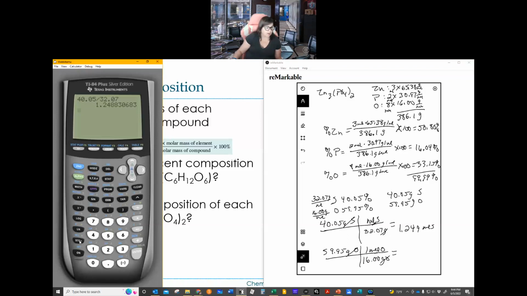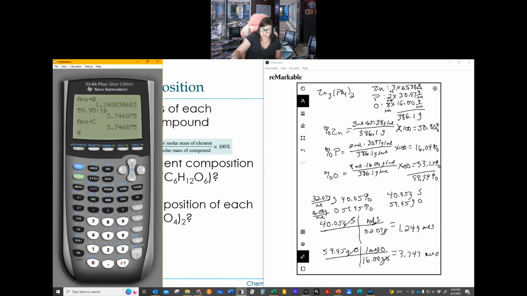I'm going to store that as alpha B because I'm probably going to want to use it again. Now I'm going to do the other calculation, 59.95 divided by 16, and that gives me 3.747 mole of O. Again, I may need this number, so I'm going to store this as alpha C.